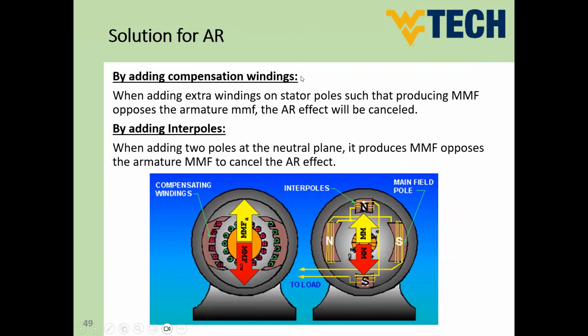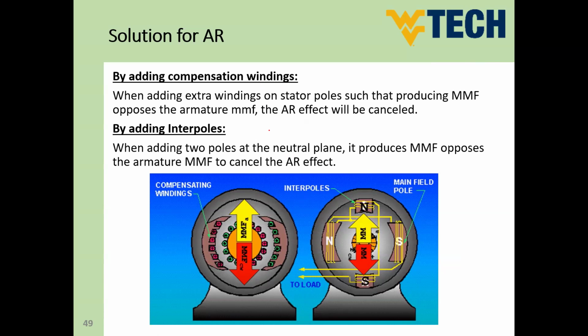We add extra windings on the stator poles to produce more MMF in the opposite direction of the armature MMF. In this case, the armature reaction will be cancelled. So this is an extra component of flux coming from what are called compensation windings, and adding these leads to cancelling the armature reaction.